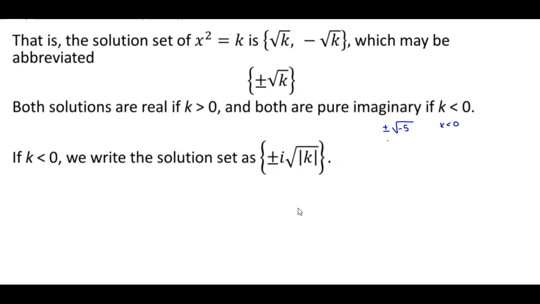So the best thing to do here is to rewrite this by factoring out the square root of negative 1 times the square root of 5. And what we know is that the imaginary number i is equal to the square root of negative 1. So therefore this becomes plus or minus i times the square root of 5, which would then be that result.